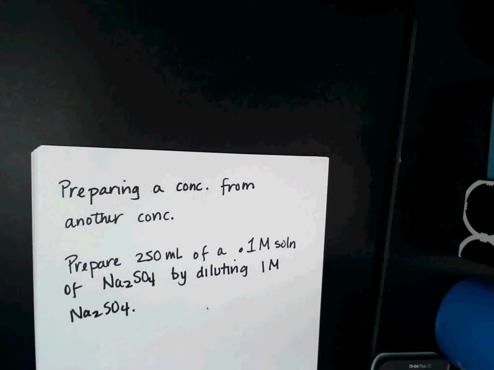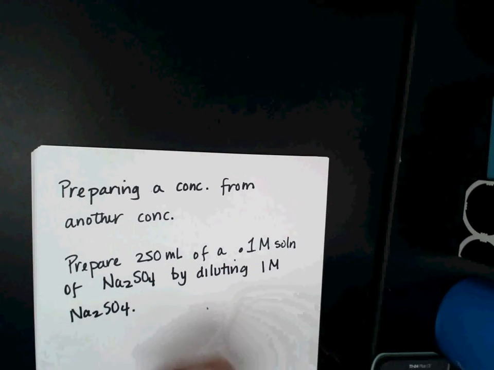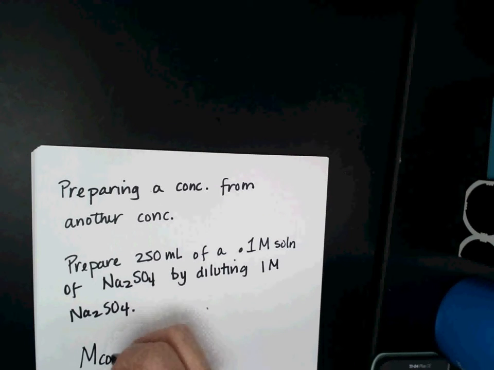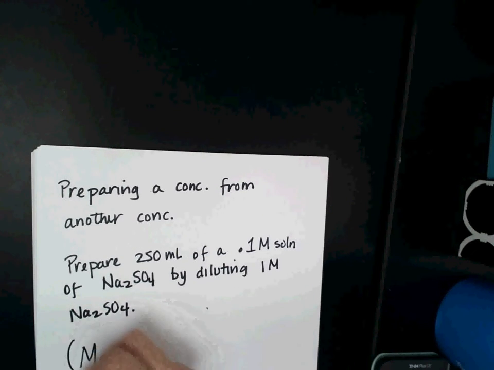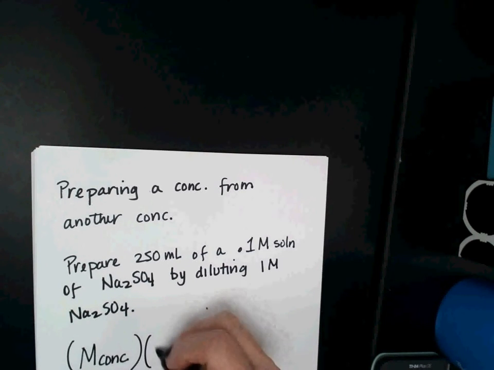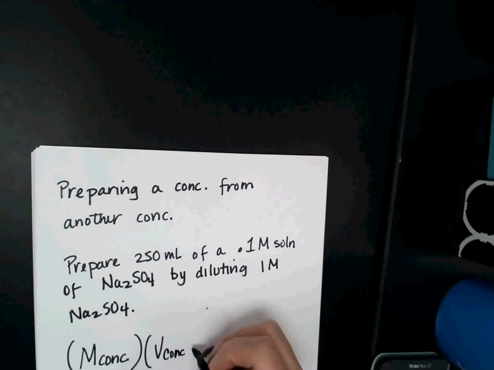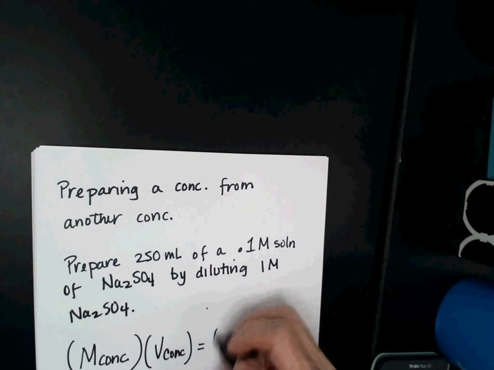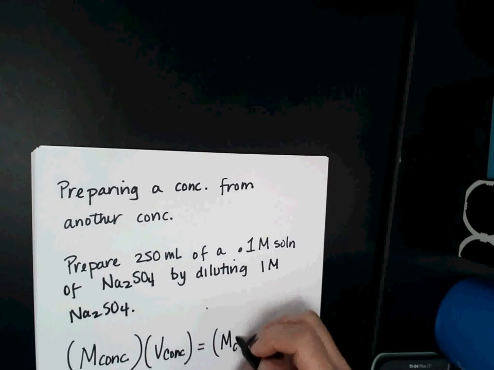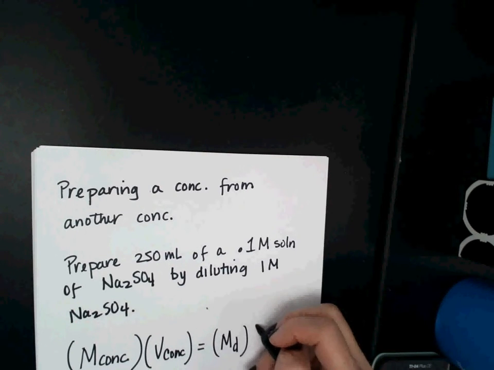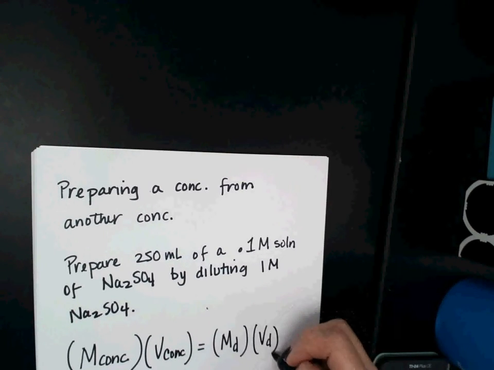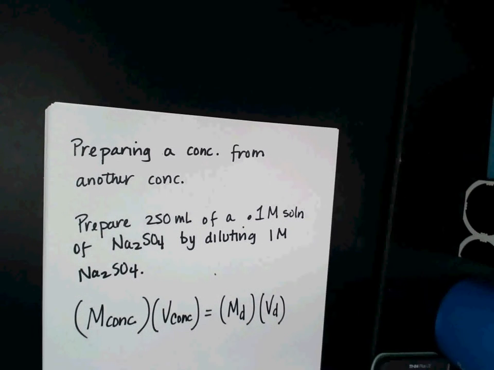There's an easy way to do this. Because I'm mixing different molarities, I can use the molarity of my concentrated solution times the volume of my concentrated solution, and I can set it equal to the molarity of my diluted solution times the volume of my diluted solution, because I'm mixing those two things, right?